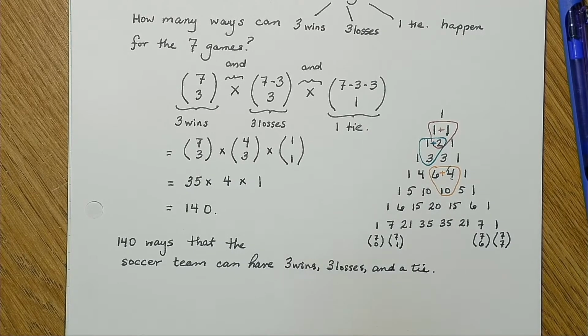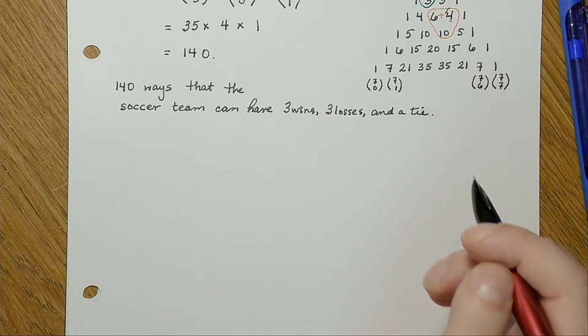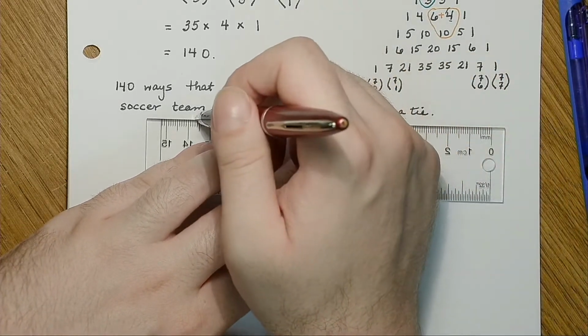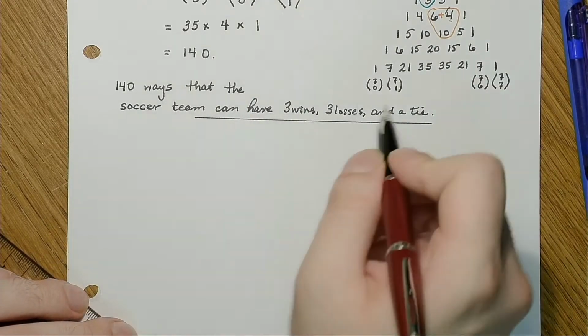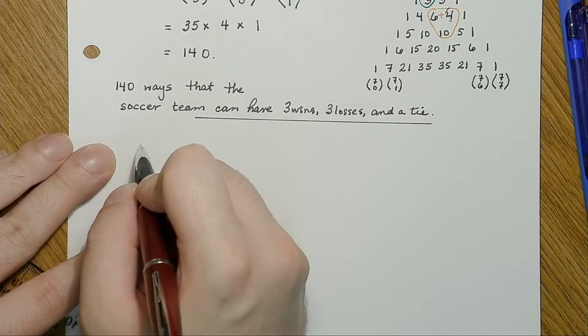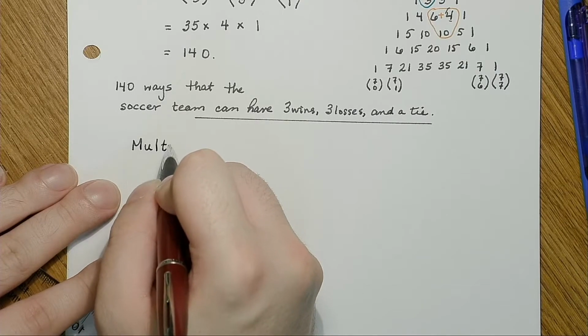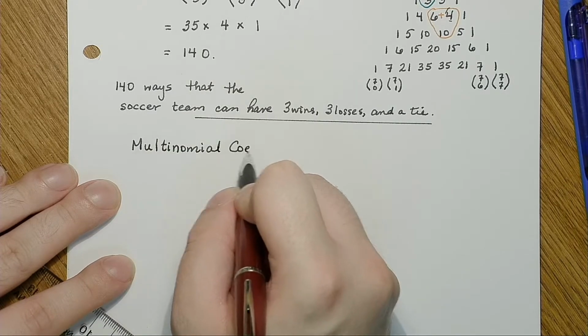So what we can do is we can summarize this using what we call a multinomial coefficient. So we had the binomial coefficients like here, but let's go with a multinomial. Multinomial coefficient.